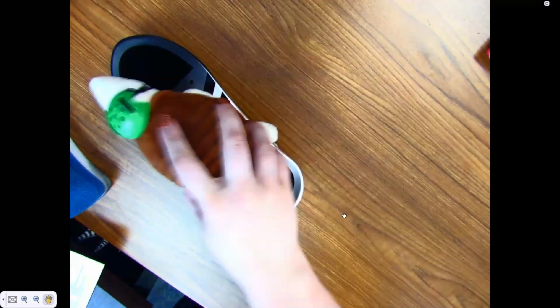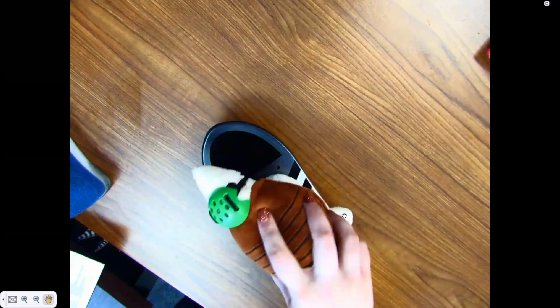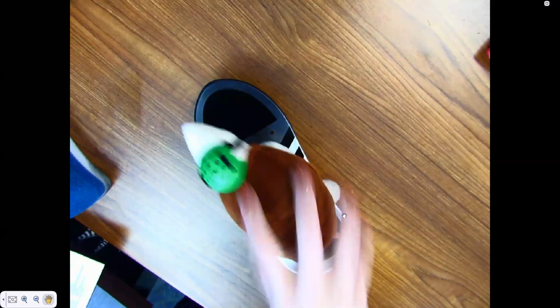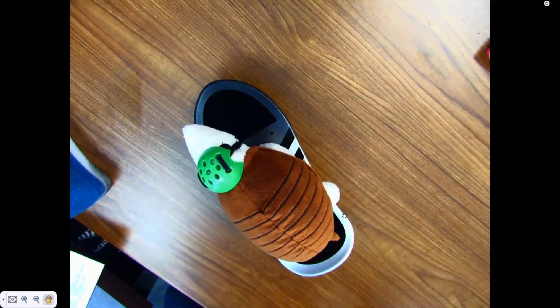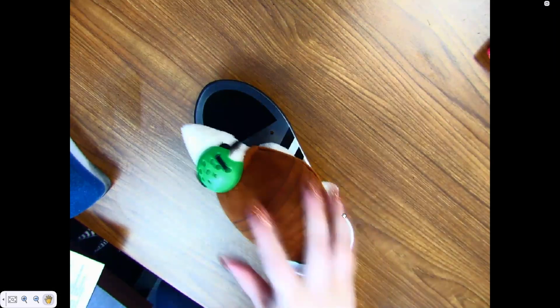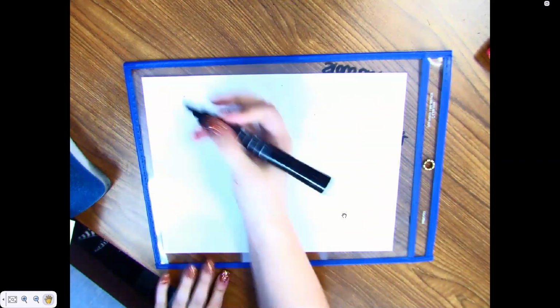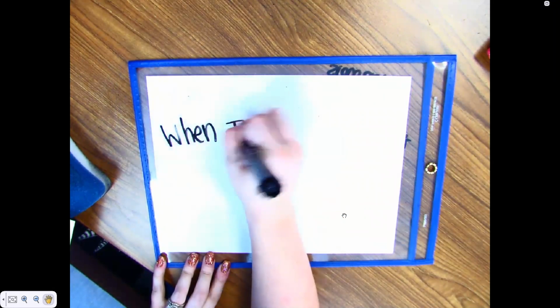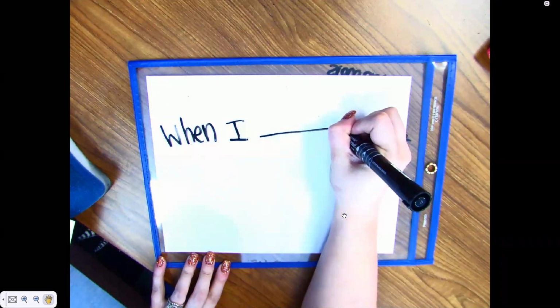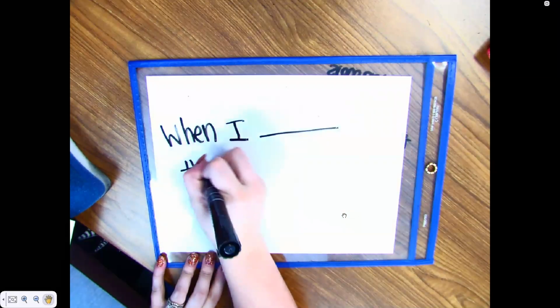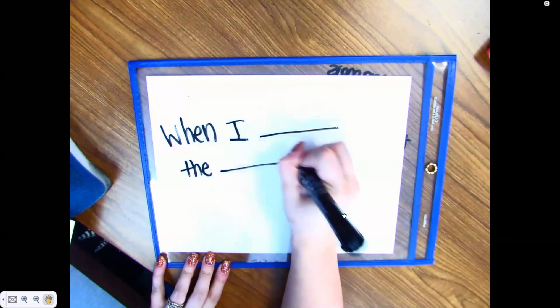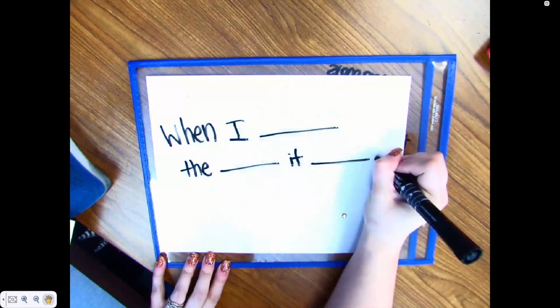Okay, so to stop it, I have to pull it, right? I have to actually physically stop it. I have to apply some force to get him to stop. All right, so I'm gonna give you a sentence stem. When I blank the blank, it blank.